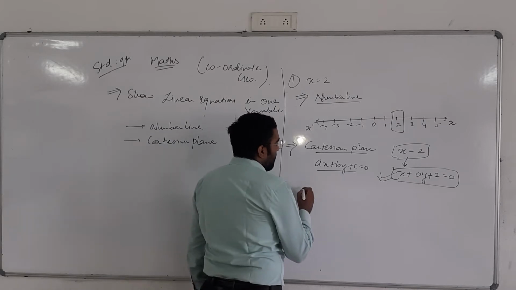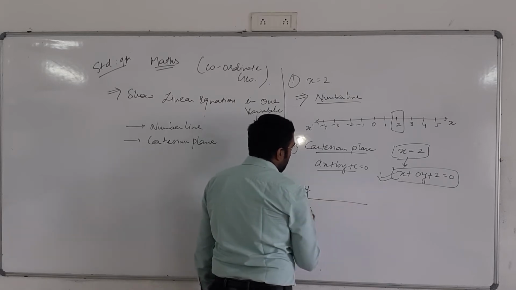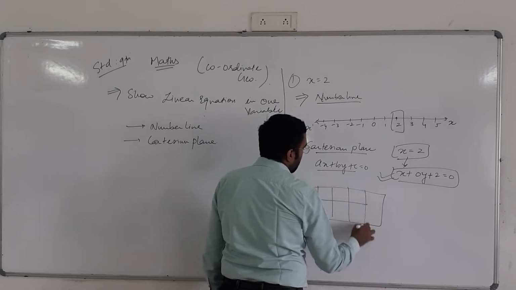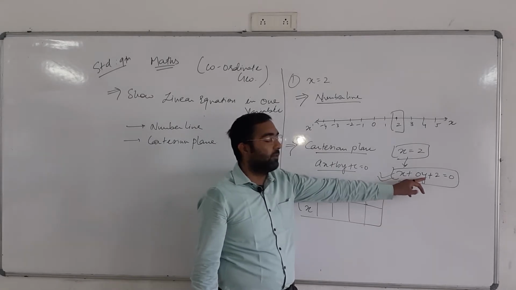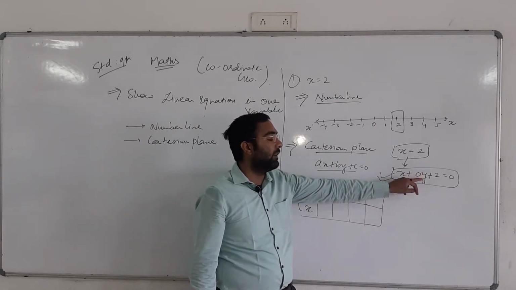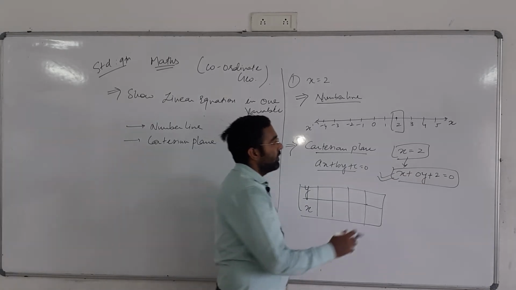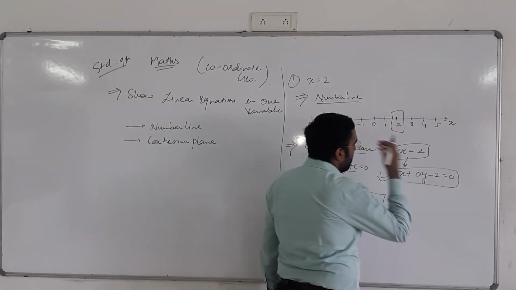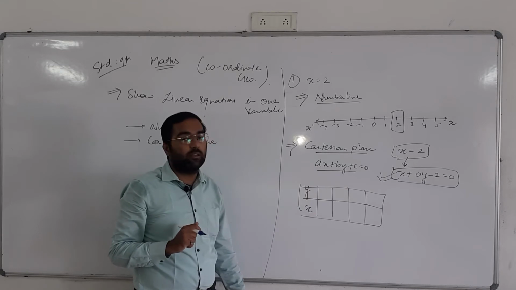As per the question, let us assume values of y. Now I am assuming the value of y is 1, 1 into 0 is 0, therefore x equal to... here I made a mistake, my linear equation in two variables is x plus 0y minus 2.